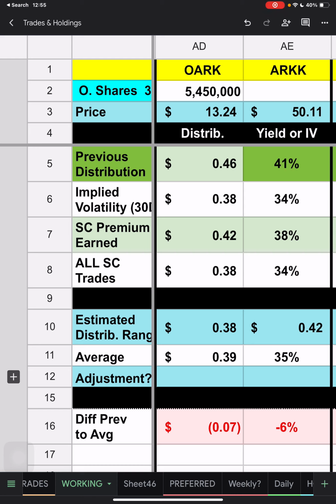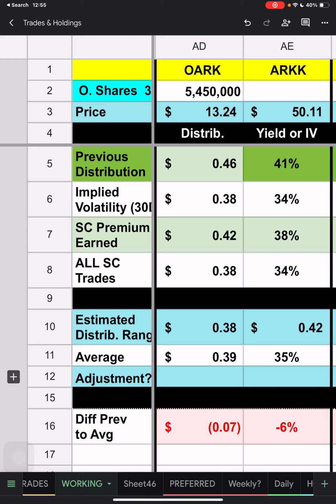So if we take those 4 out, we're ranging from 24 cents to 55-ish cents. So just looking at these estimates, this looks about right. The last distribution was 46, IV's 38, but it says the premium we've earned is 42. All trades is 38. So we're looking at 38 to 42 cents earned so far, with an average of 39 cents.